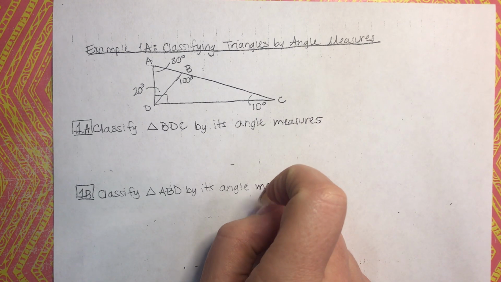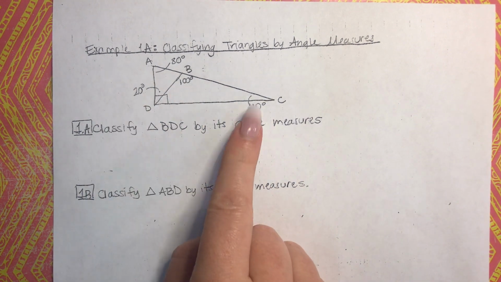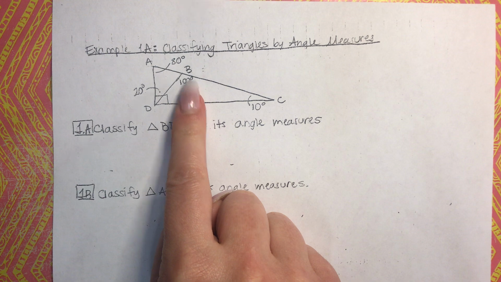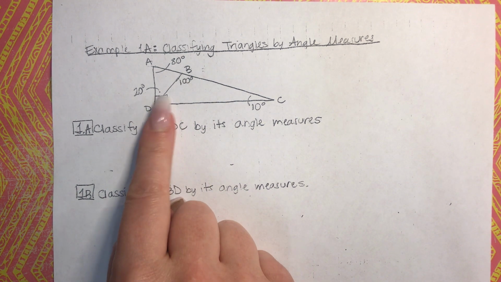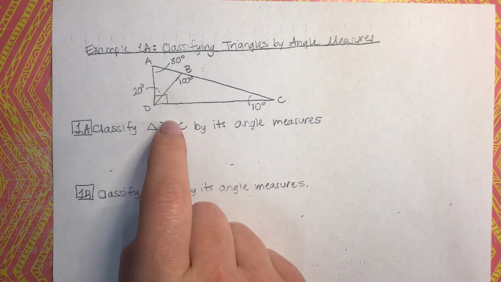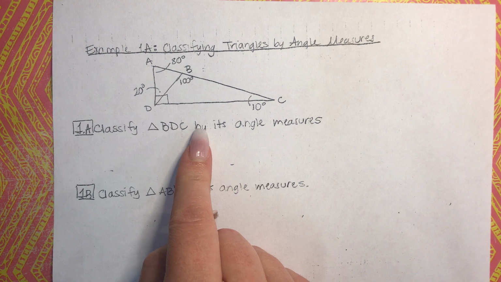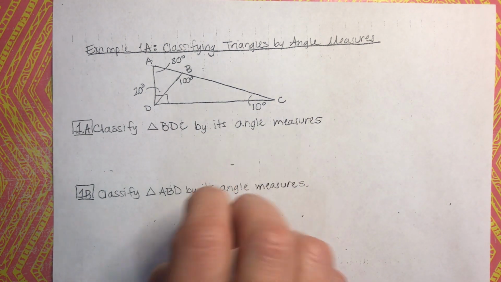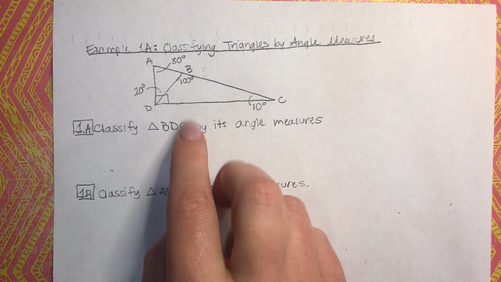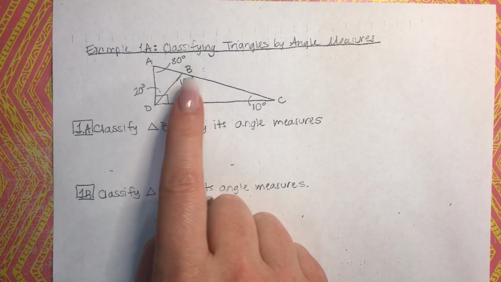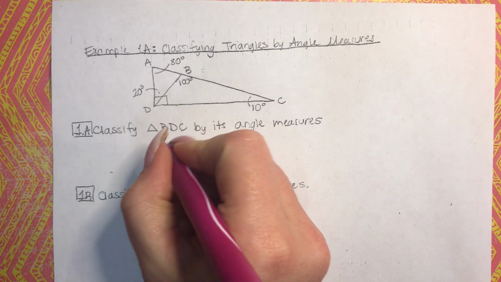What I see here for BDC, we have an angle that's 10, we have an angle that's 100, and we have an angle that's less than 90. This definitely looks like an acute. So what type of triangle does this look like to you? What do you think? Well, if you said that this is an obtuse triangle, you would be correct because there is that obtuse angle, that angle that is over 90 degrees. So this would be an obtuse triangle.